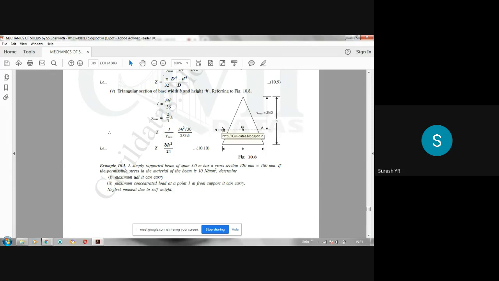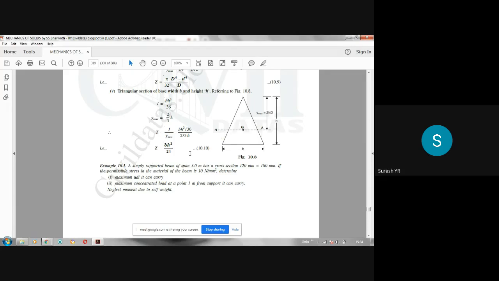You should remember that the moment of inertia of a triangle about the horizontal centroidal axis is BH cube by 36, where B is the base and H is the height. So y max is 2H by 3. I divided by y max will be BH square by 24.